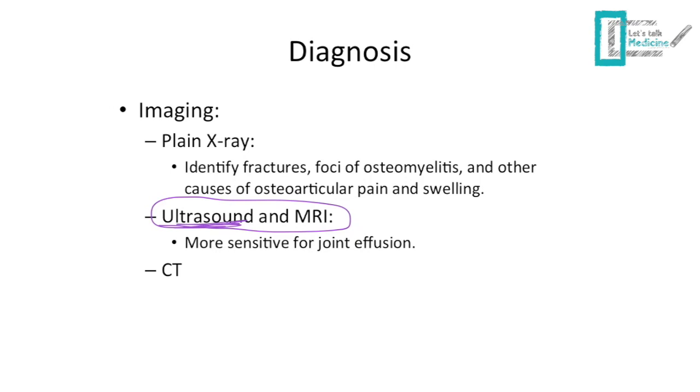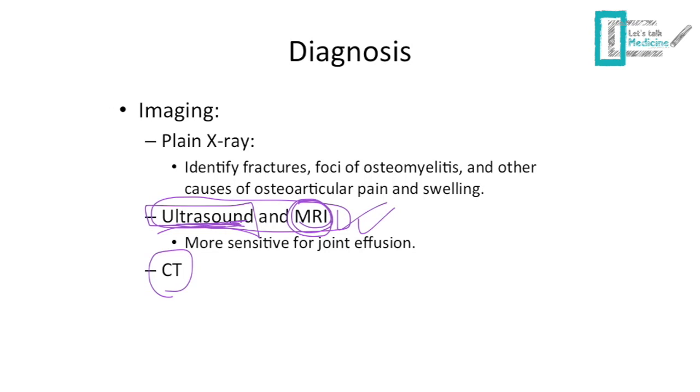MRI can be done in cases of osteomyelitis. Even in adults, they use ultrasound to check for joint effusion. They rarely go to MRI except when osteomyelitis is present. CT is also used to check for other causes of joint swelling and to exclude other differential diagnoses.